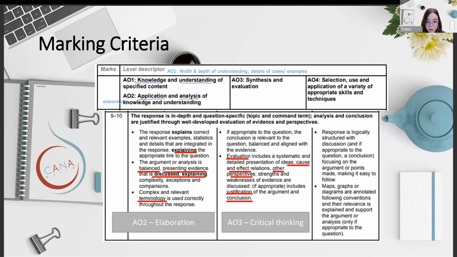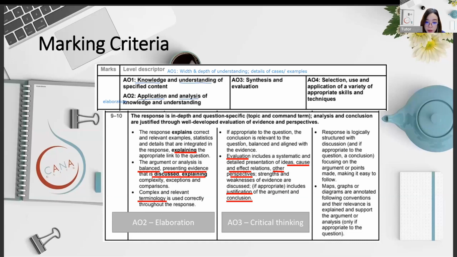And that big rectangle with some bullet points that I put underneath those AOs captures the requirements for good performing students, students who can score 9 to 10 marks out of 10.